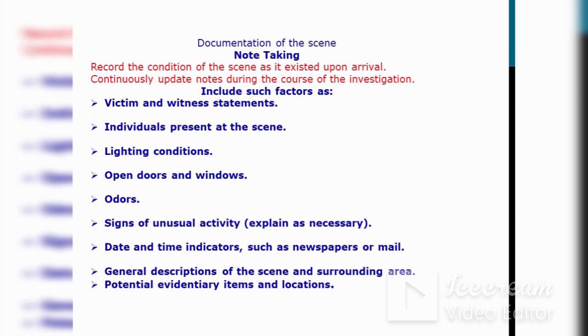Date and time indicators such as newspapers or mail, general descriptions of the scene and surrounding area, and potential evidentiary items and their location. These all should be noted to verify the evidence.